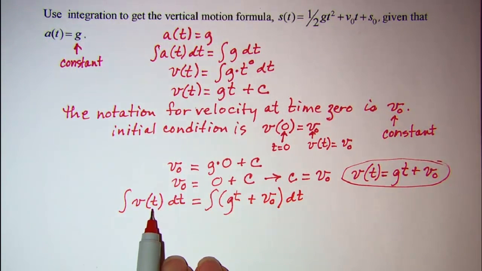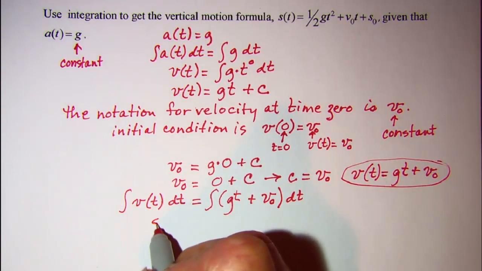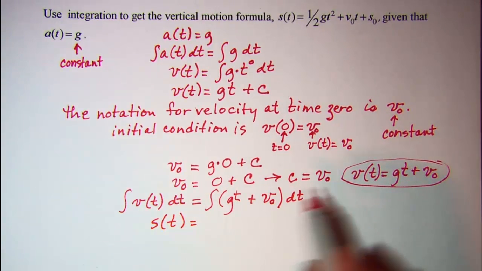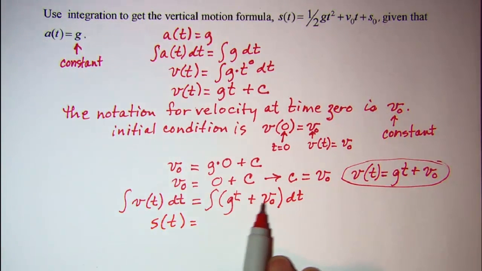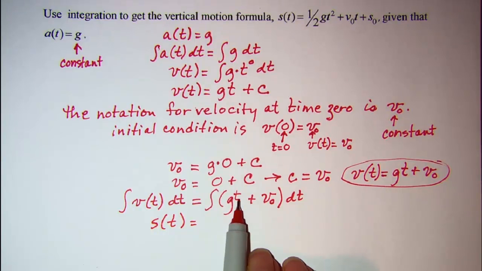Now when we go back from velocity, integrate velocity, we get our position function, which we call s of t. Let's break this into two separate integrals. Remember, g is a number, so our variable t is to the first power. We want to increase that exponent by 1 and then divide by the new exponent.